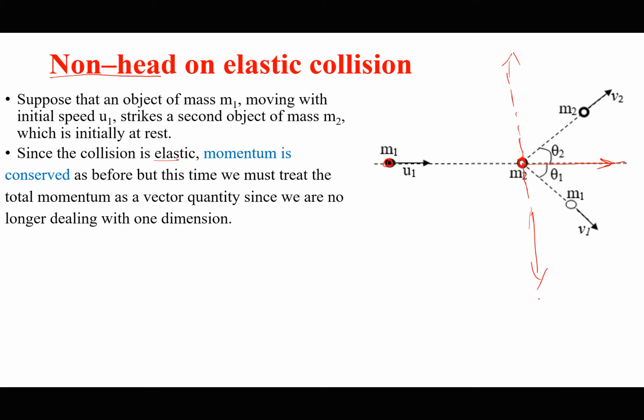In this case, we must find x and y components of momentum. And of course, by conservation of momentum, the total momentum in the x must remain constant, and total momentum in the y must also remain constant.